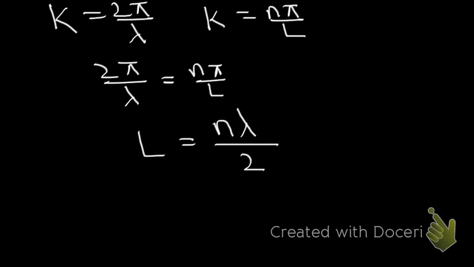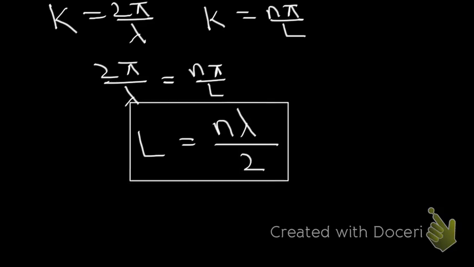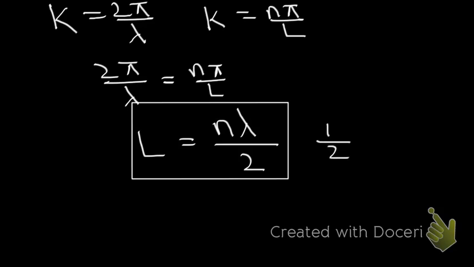So first let me box this. What this actually means is that the well must contain an integer number of half wavelengths. That could be 1 by 2 lambda, 3 by 2 lambda, or 2 by 2 lambda, which is just lambda.